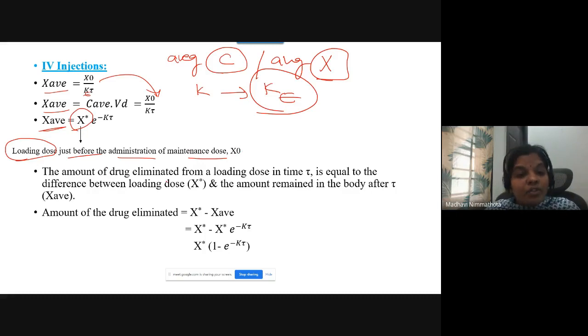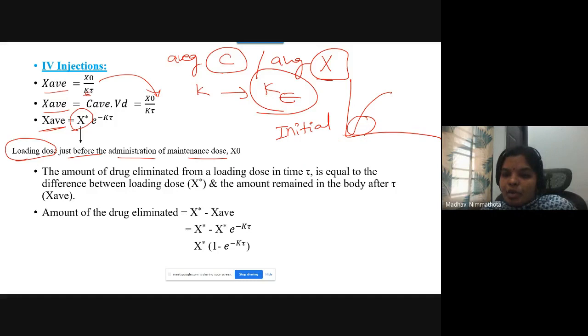The amount of the drug eliminated from a loading dose. So the loading dose is nothing but our initial dose, right? Here you can take some time intervals, 1, 2, 3. These are called intervals, so that's why we represent them with tau.